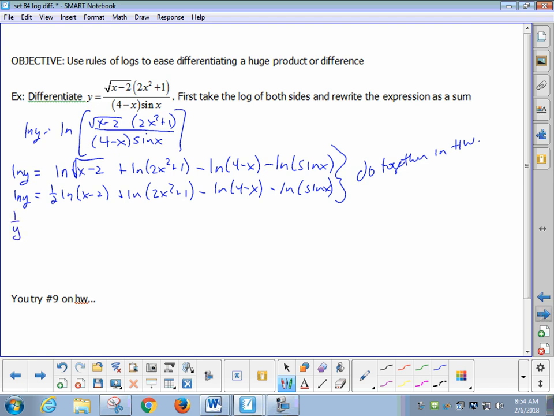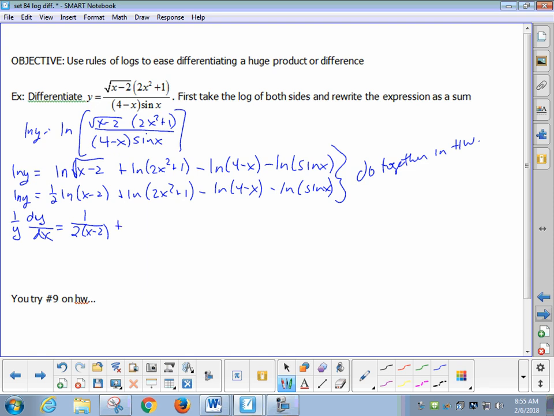Differentiate with respect to x, I get dy dx, so 1 over y dy dx on the left. And on the right, instead of this huge quotient rule, product rule, chain rule mess, it's just some really easy log derivatives. What's the derivative of 1/2 log of x minus 2? 1/2 times 1 over x minus 2. Okay.